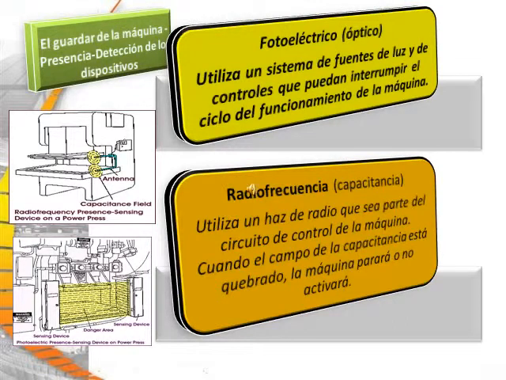Photoelectric guarding uses a system of light sources and controls which can interrupt the machine's operating cycle. Radio frequency uses a radio beam that is part of the machine control circuit. When the capacitance field is broken, the machine will stop or will not be activated.